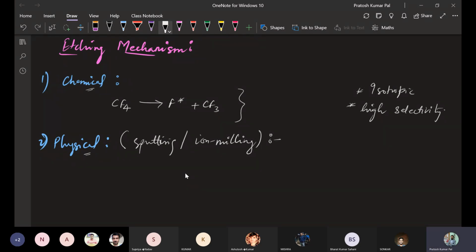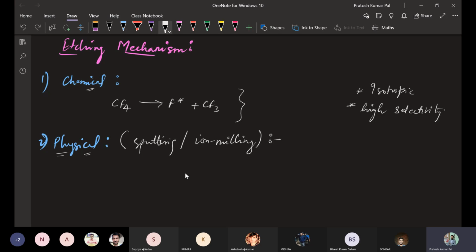So here in physical, we will be removing the selected portion of the semiconductor surface without using any chemical. We will be using a high force, and that high force will be generated with the help of high ion bombardment energy. So the ions will have high bombardment energy, and this high energy will generate a high force, and that high force will remove the selected portion of the semiconductor surface.